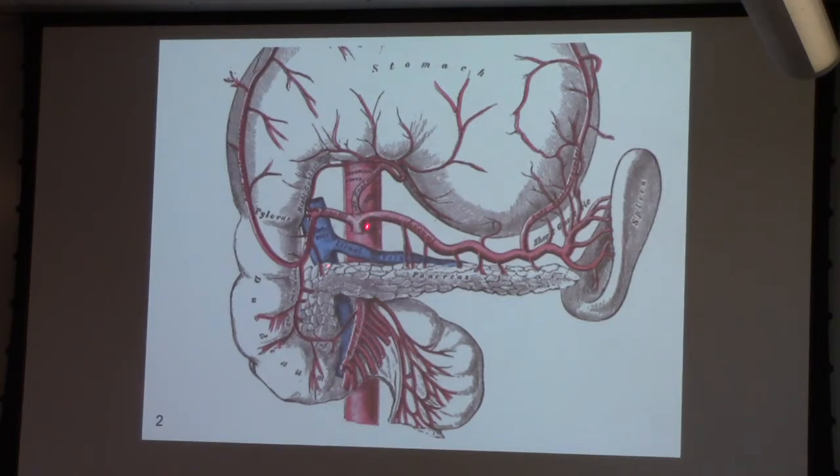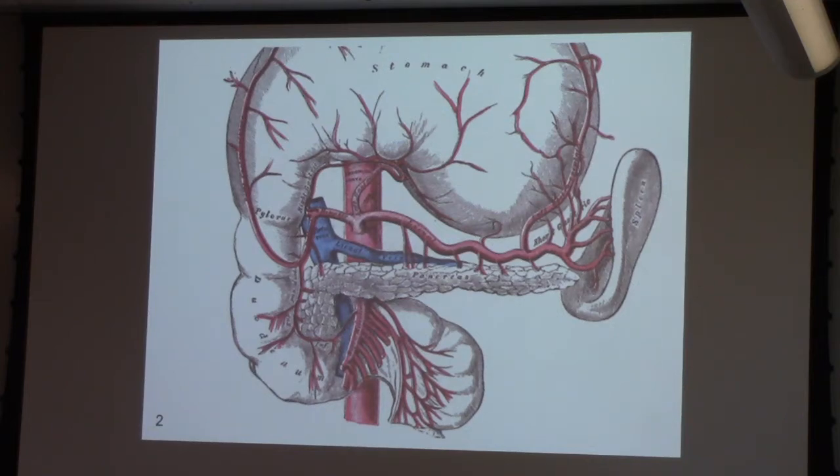This is the celiac trunk, which splits into three things. One of them being the one that was labeled before, by Michael, left gastric. This is the celiac trunk.